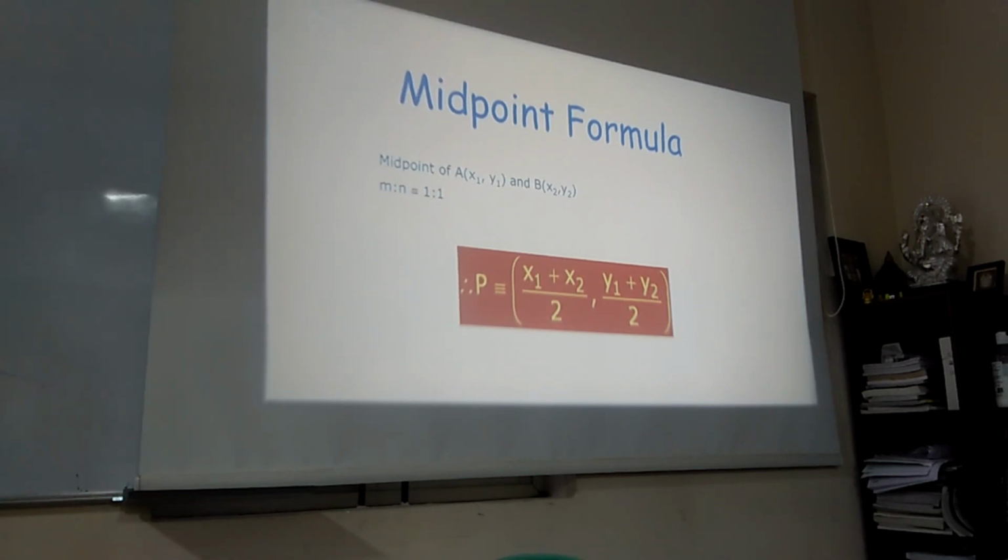So the point is x1 plus x2 divided by 2, y1 plus y2 divided by 2. Any confusion in it? The board assumes that when a midpoint question is given, you use this formula, because then they get clarity that the students know the difference between midpoint and section.